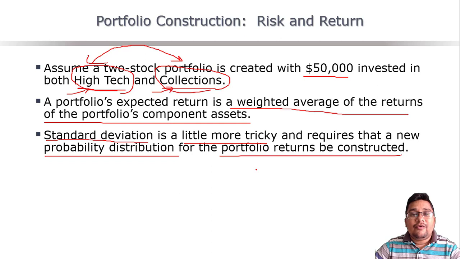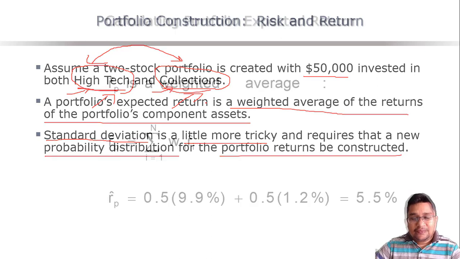In fact, if you know the probability distributions of the returns of high-tech and collections separately, then from these two probability distributions, you can also find out the probability distribution of the possible future returns of the overall portfolio. We will illustrate that.